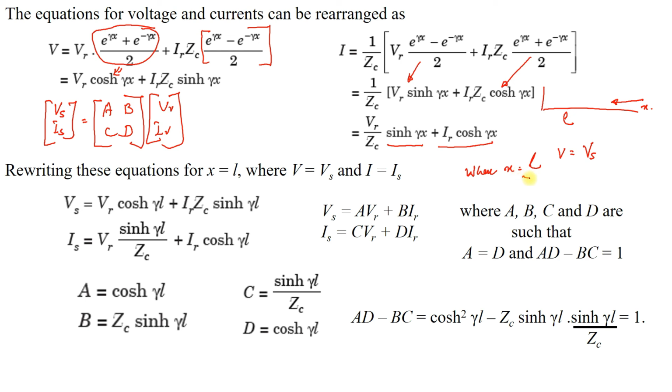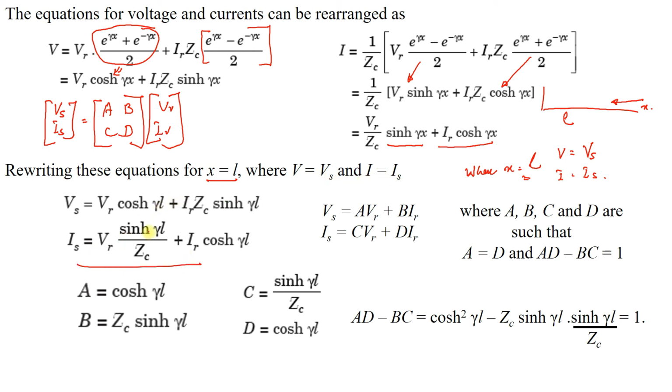Similarly, when x is equal to L, I will be equal to Is. So in order to get an expression for Vs and Is in terms of the physical parameters of the transmission line, that is the length of the transmission line, and in terms of VR and IR, the receiving end voltage and current, we can put these initial values. That is x is equal to L, where V is equal to Vs and I is equal to Is.